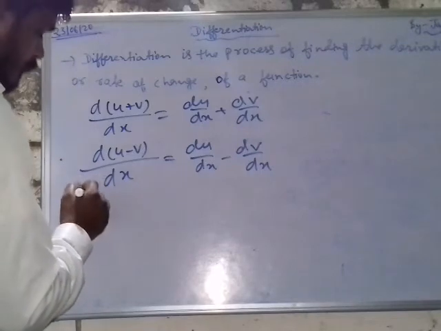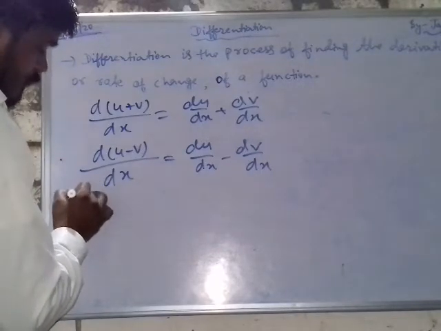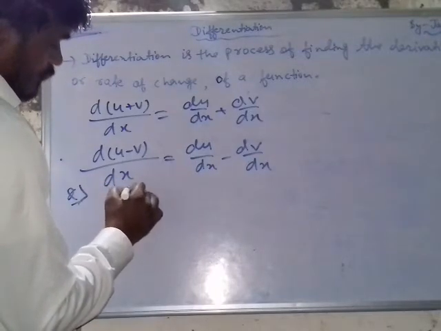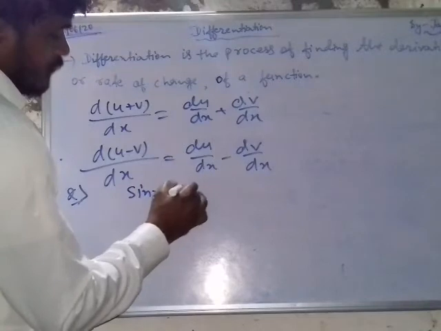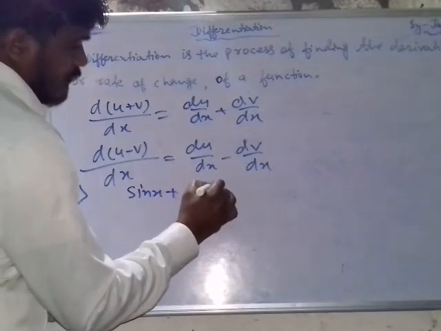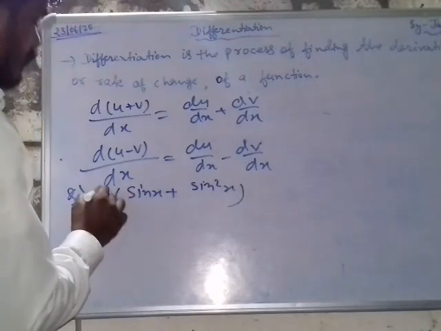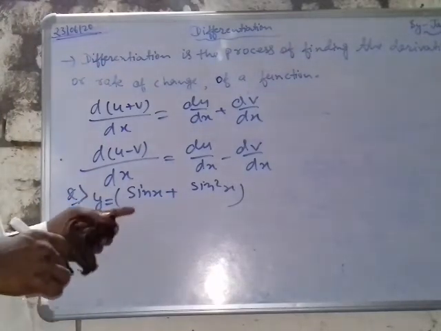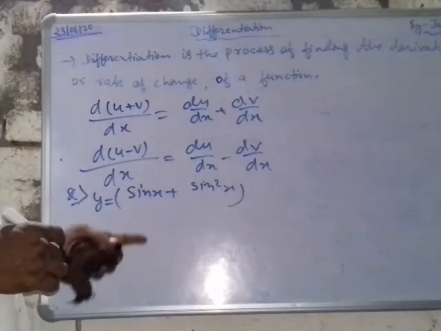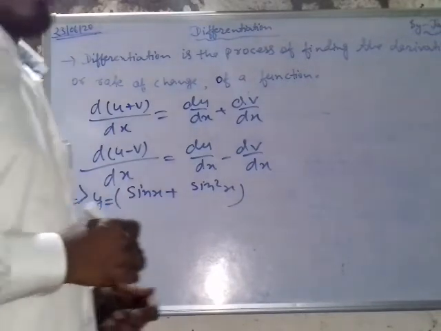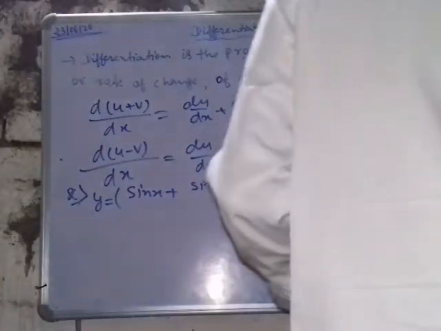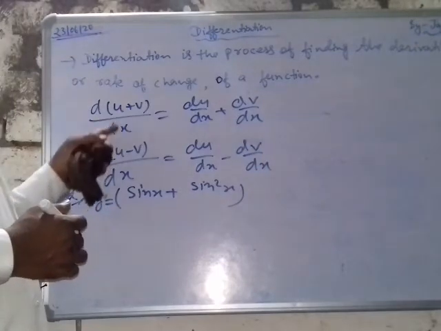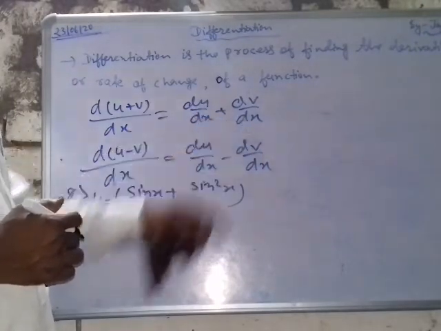If the question is given as y equals sin x plus sin square x, and you have to differentiate it with respect to x, then how can you differentiate it? Then you have to use the formula d of u plus v by dx equals to du by dx plus dv by dx.